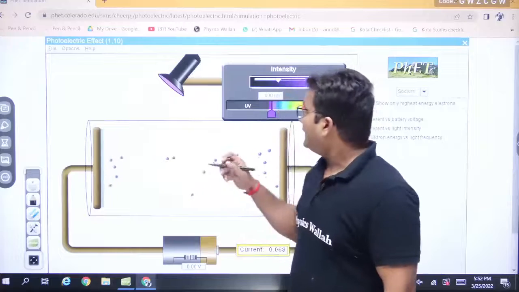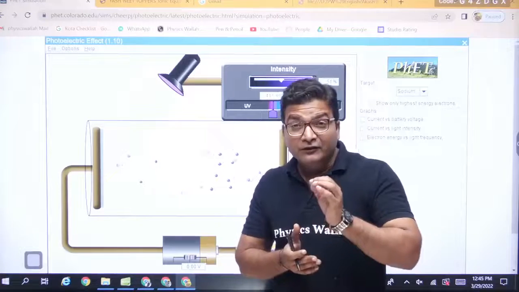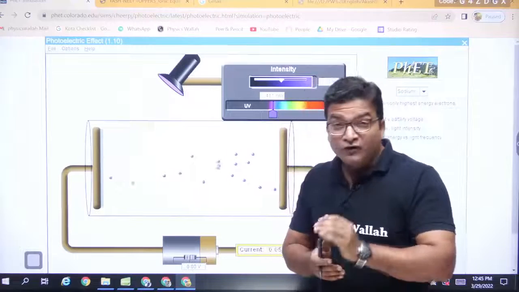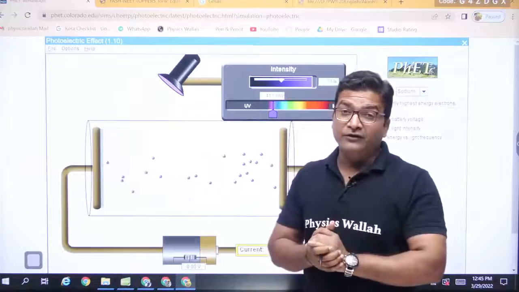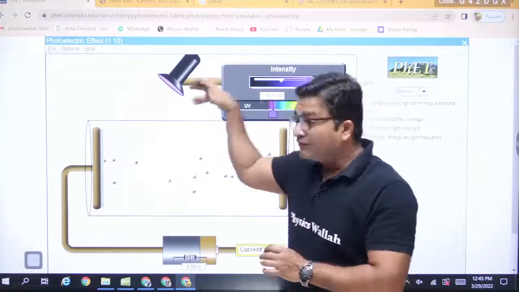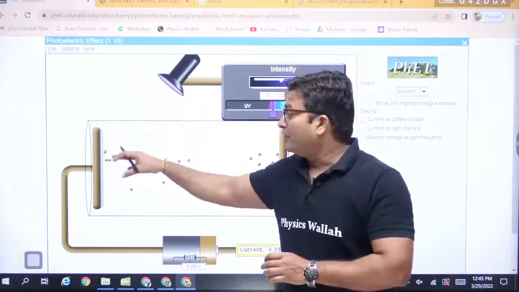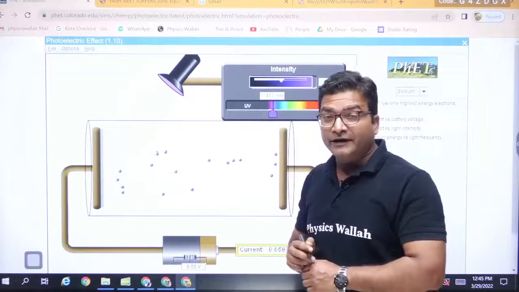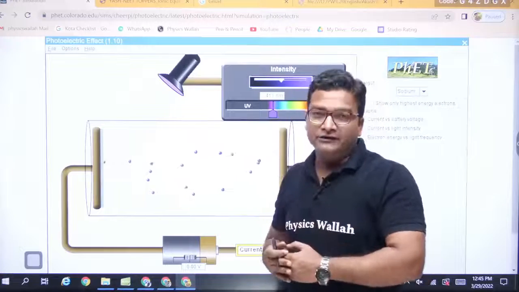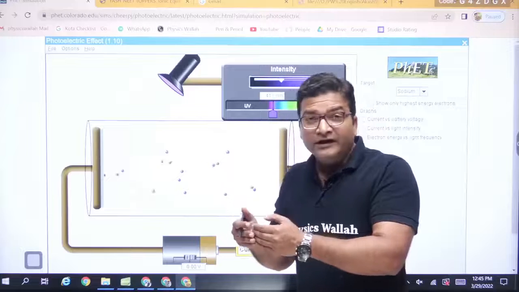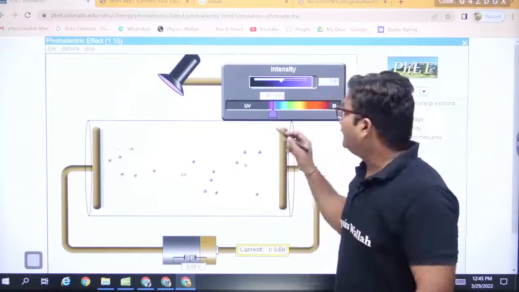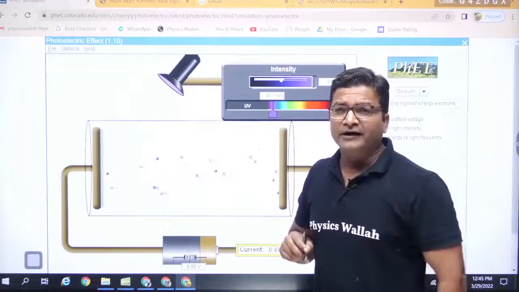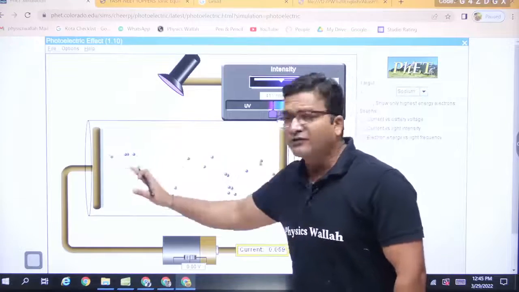Now we will understand a very crucial idea of this experiment. Suppose we keep the intensity of light constant, meaning we keep the number of photons falling on the cathode constant, and we increase the wavelength, or you can say we decrease the frequency. This time the wavelength is approximately 400 nanometer and lots of electrons are being emitted.